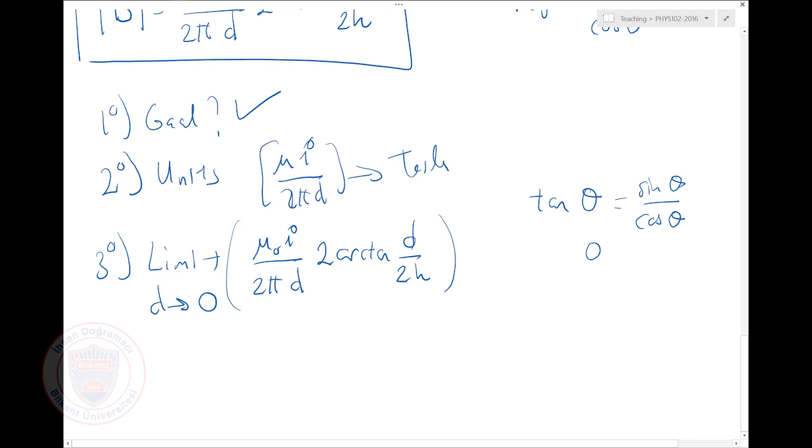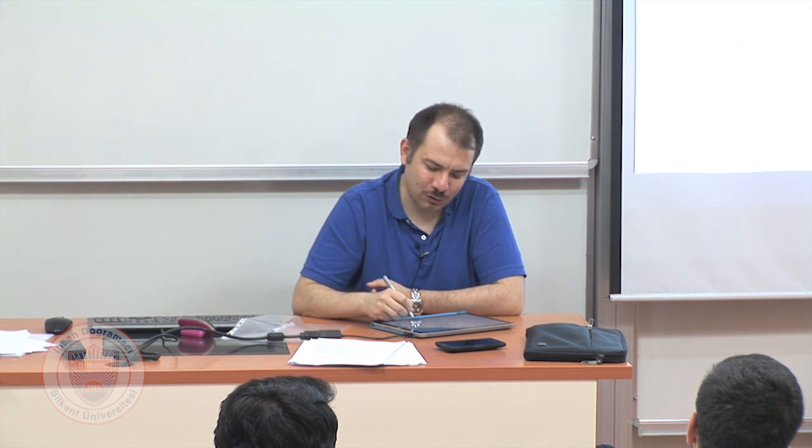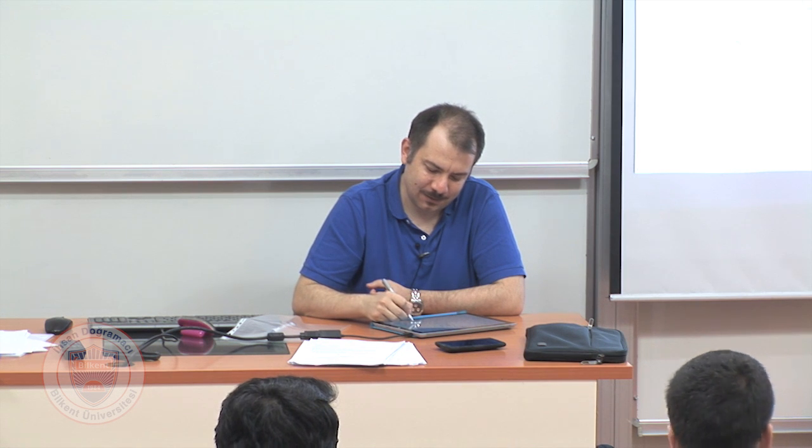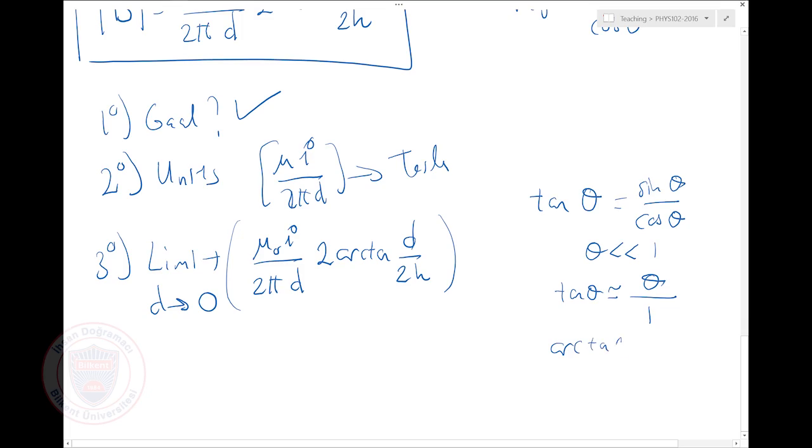And if theta is very small, for sine theta I can say it's theta. For cosine theta, it's almost 1, right? So for small angles, arctangent theta is almost theta.